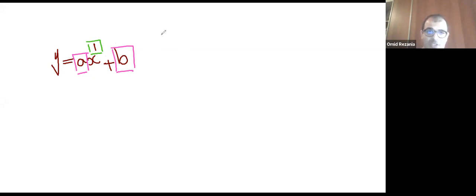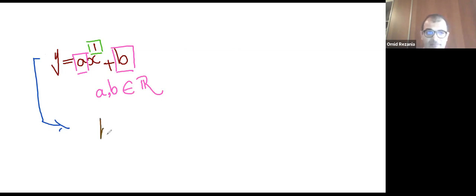We know also that a and b, both slope and intercept, should be members of the real numbers. In our very special case, we are going to say y represents the height. Then it becomes like that.